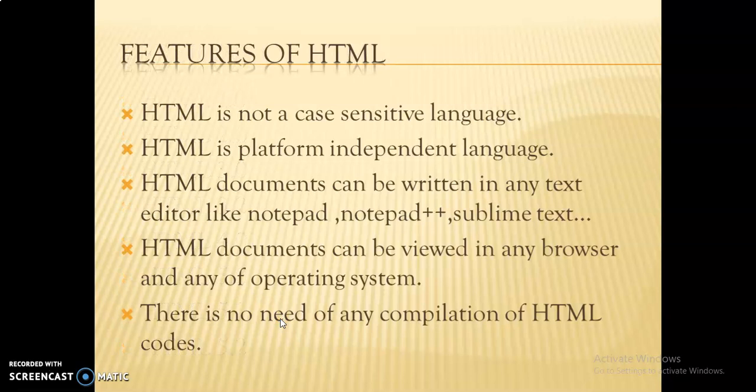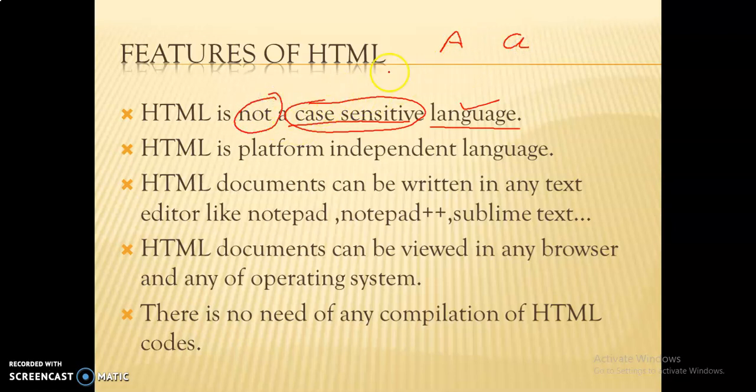Features of HTML. What are the features of HTML? The first feature is that HTML is not a case sensitive language. What is the meaning of case sensitive? Case sensitive basically means capital A is different from small a.